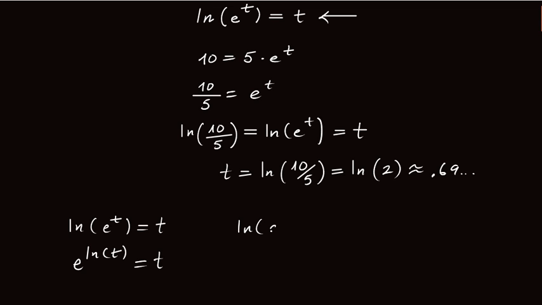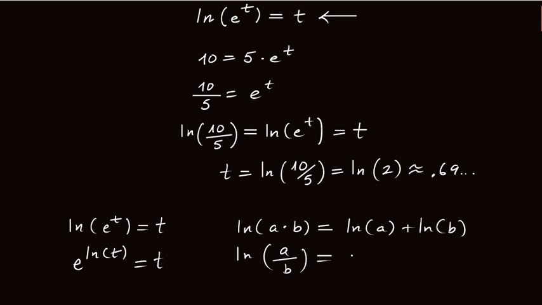The natural logarithm of a product is the sum of the logarithms. And the natural logarithm of a quotient, or ratio, is the difference of the logarithms.